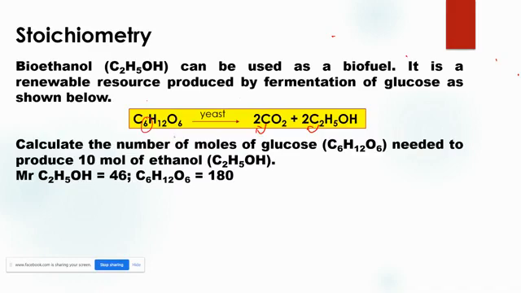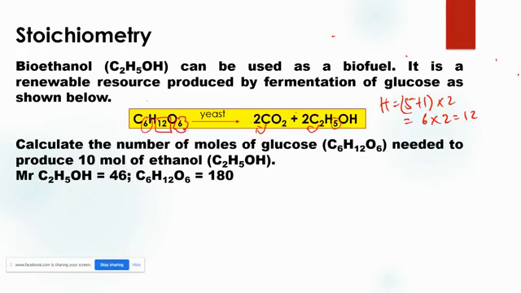And how about the number of hydrogen atoms? There are 12 hydrogen atoms on the left side. How about the number of hydrogen atoms on the right side? 5 plus 1 times 2, 6 times 2 is 12. Now let's check the number of oxygen atoms. The number of oxygen atoms on the left side is 6.